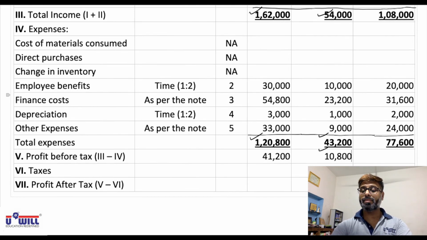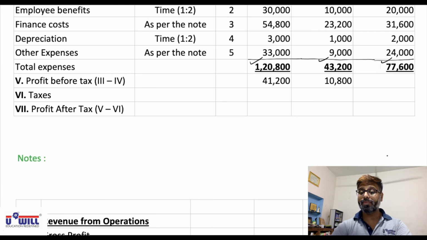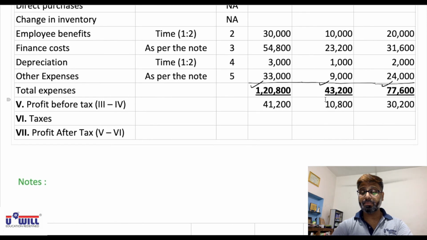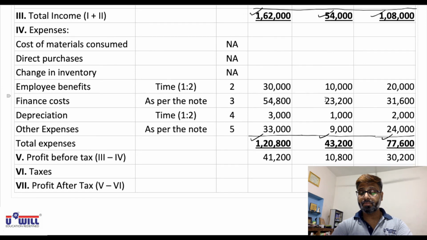And then 1,08,000 minus 77,600, that is 30,400. Okay, these are profit before tax.